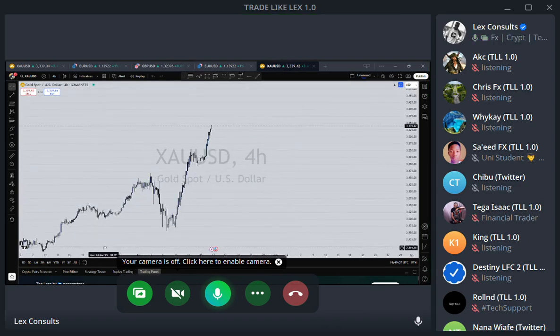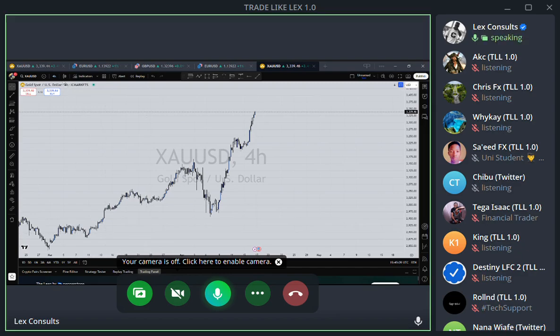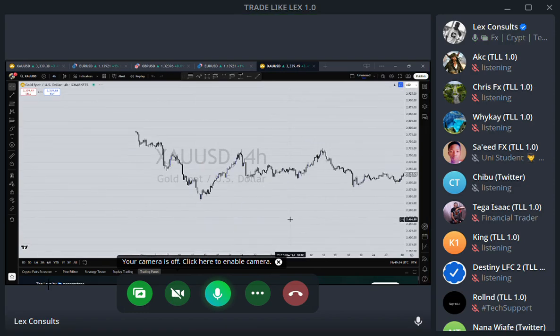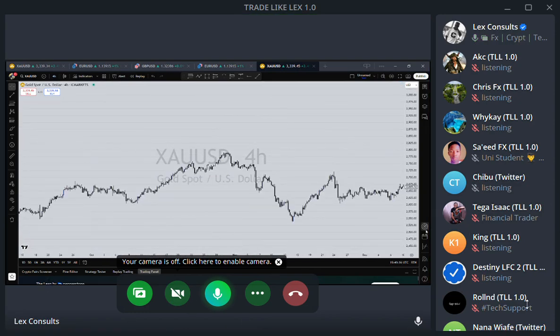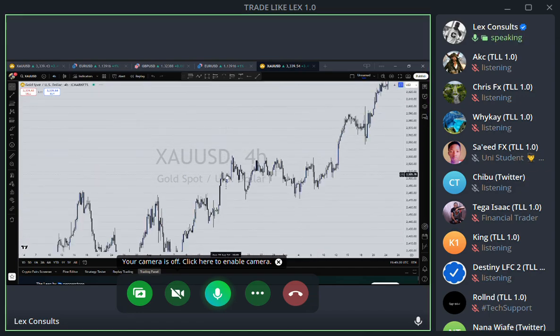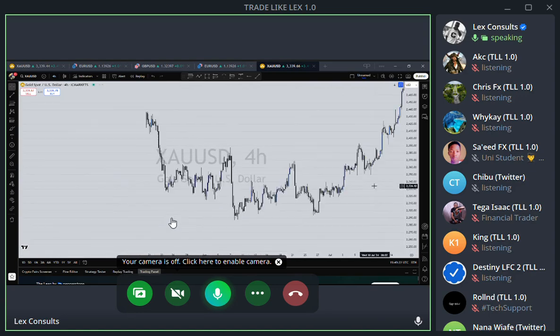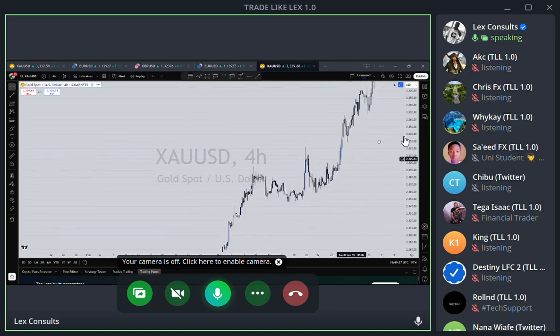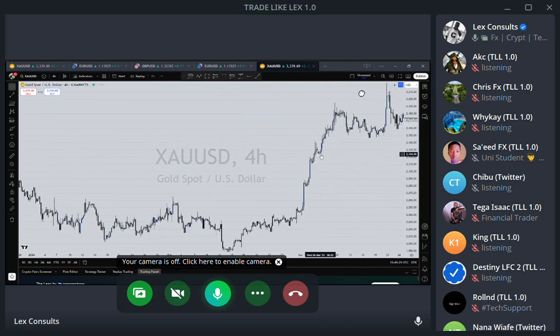Let's check gold. Gold is moving like rockets. Even in 15 minutes, well, you know that although my TradingView is premium, I don't know how many candlesticks we can see.